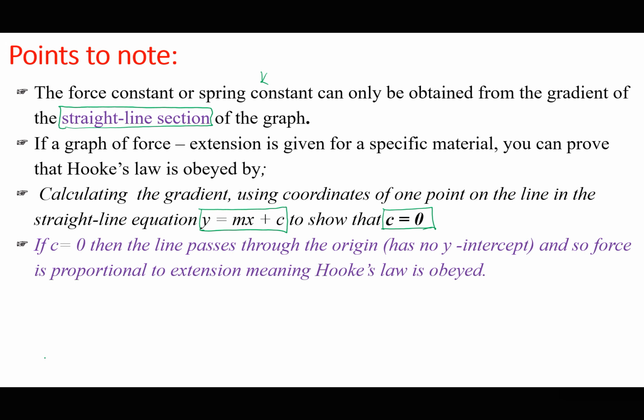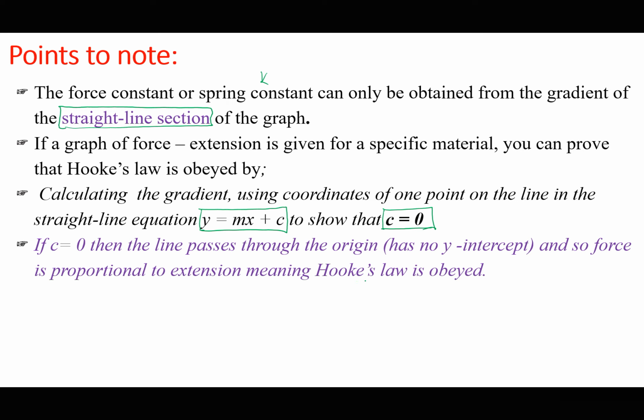c is only going to be 0 if the line passes through the origin. So if c is equal to 0, that means there is no y-intercept, then the line passes through the origin. And so we can say force is proportional to extension, meaning Hooke's law is obeyed.